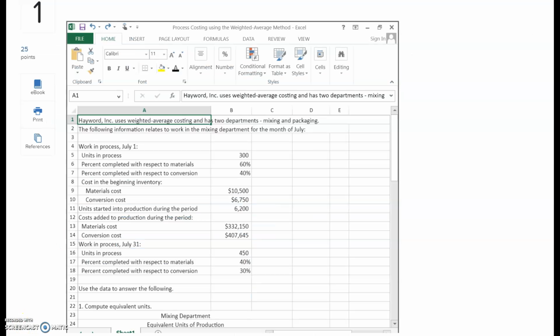The other thing I want to show you is for chapter 16, in addition to the SmartBook assignment and the problems assignment, you're going to have an Excel sim problem. I think we've got maybe 4 or 5 Excel sim problems that we're going to be doing this semester.